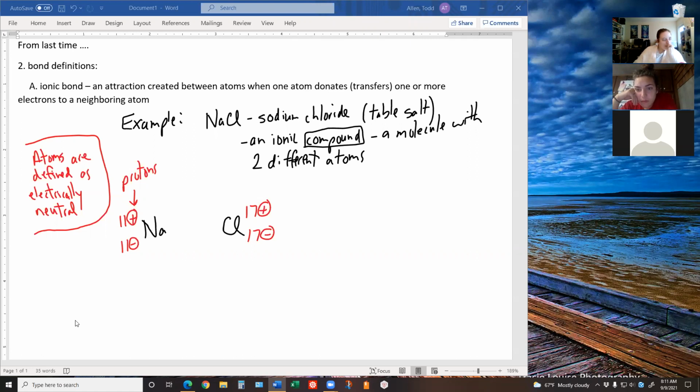Wow, that seems kind of a match made in heaven, doesn't it? Because chlorine could be made happy by acquiring 1 electron or getting rid of 7 electrons. And so when sodium and chlorine are near each other, they have a good relationship, okay? They have a good interaction.